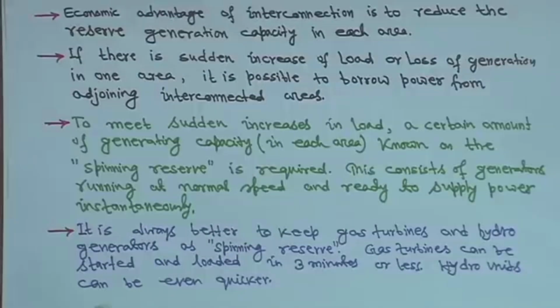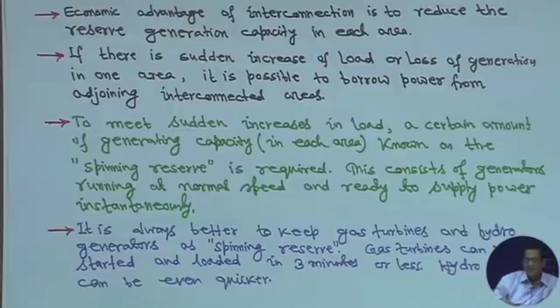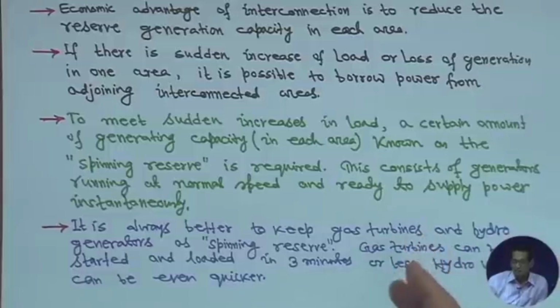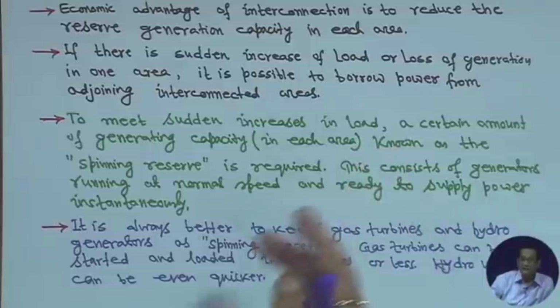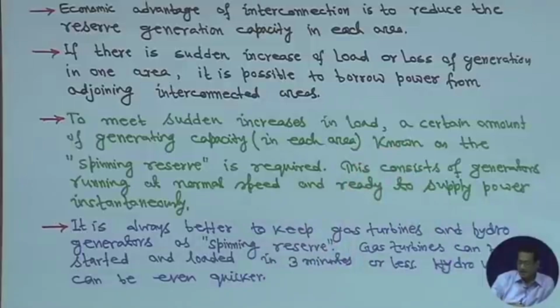Suppose load has suddenly increased, but you don't have sufficient capacity to immediately supply that load. In that case your gas turbine or hydro units will be very effective, because they can generate power very quickly. A thermal power plant has some limitation; later if possible I will tell you.